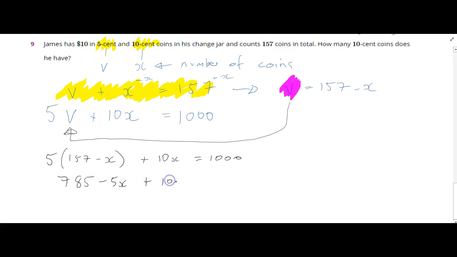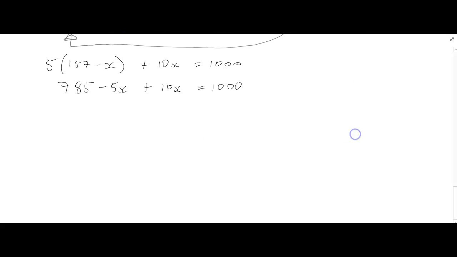Plus 10X equals 1,000. I've got some like terms now. Negative 5X plus 10X is positive 5X, equals 1,000. I'm going to take away 785 from both sides, and I get 5X equals 1,000 minus 785.